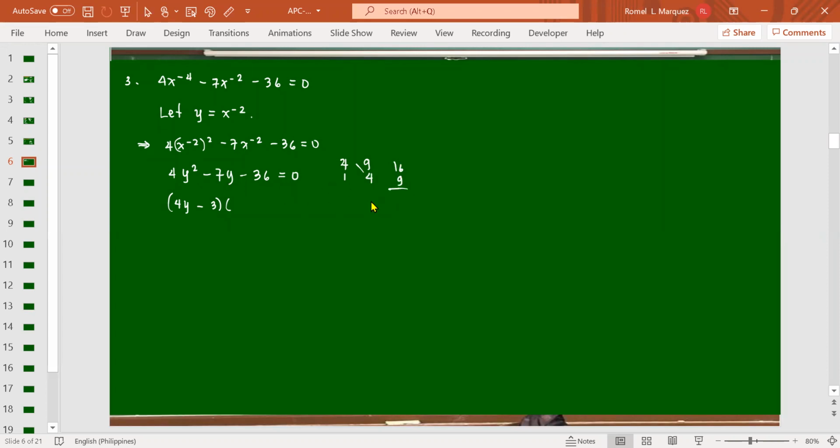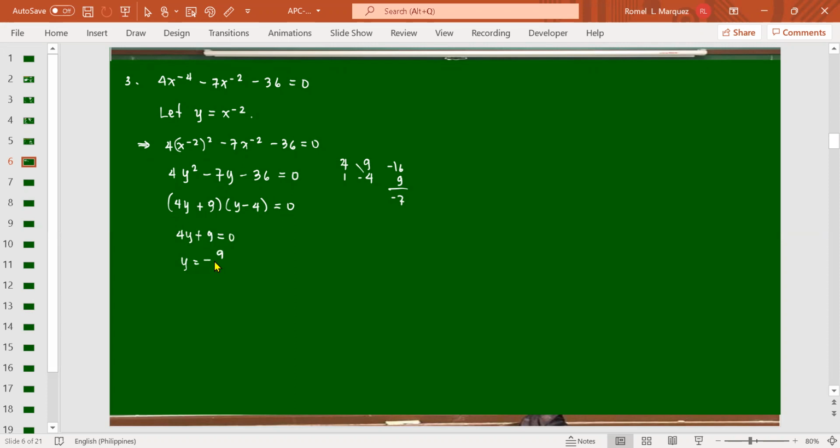I want to get -7. So -16 plus 9 is -7. So it means this one is negative. So what are the factors? We have (4y plus 9)(y minus 4), and that is equal to 0. Again, let's check. 9y, -16y, -7y, -36. Okay. Then positive 4y squared. Equate each factor to 0.